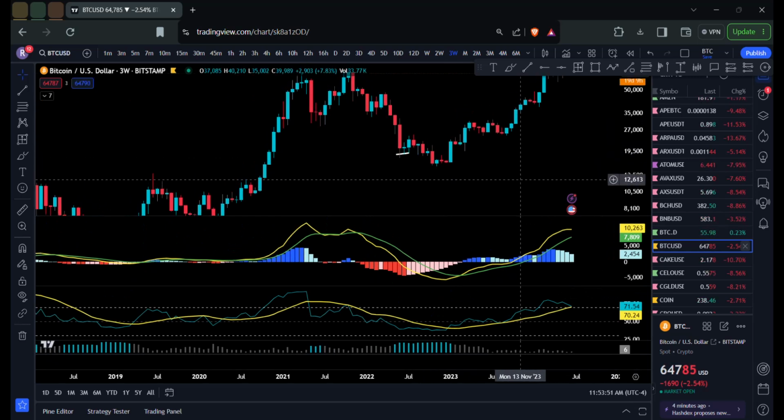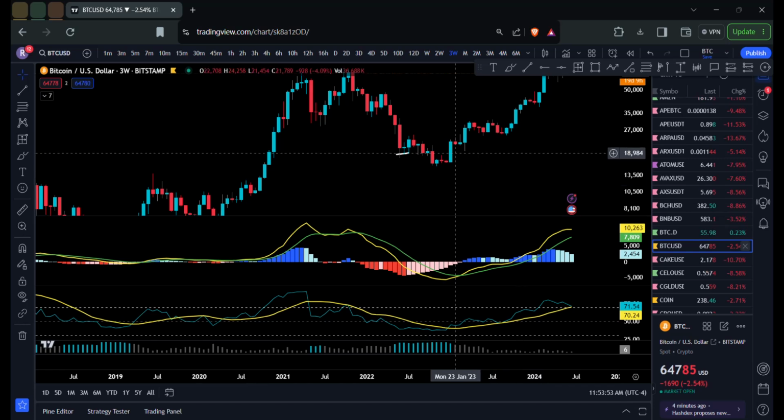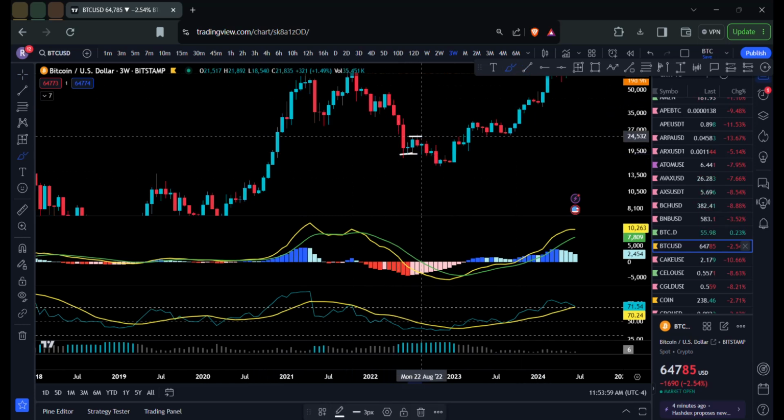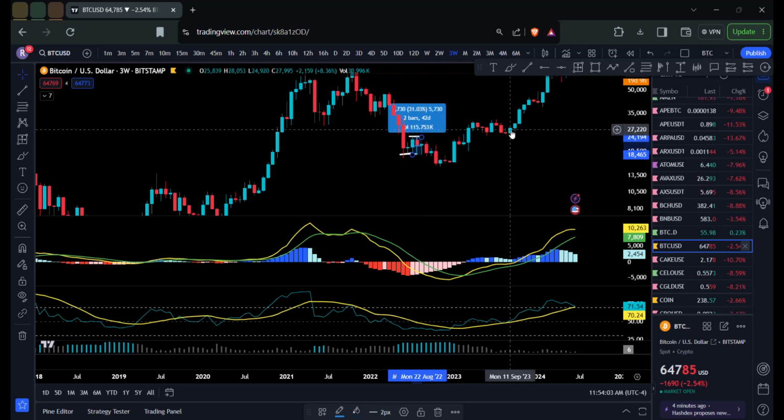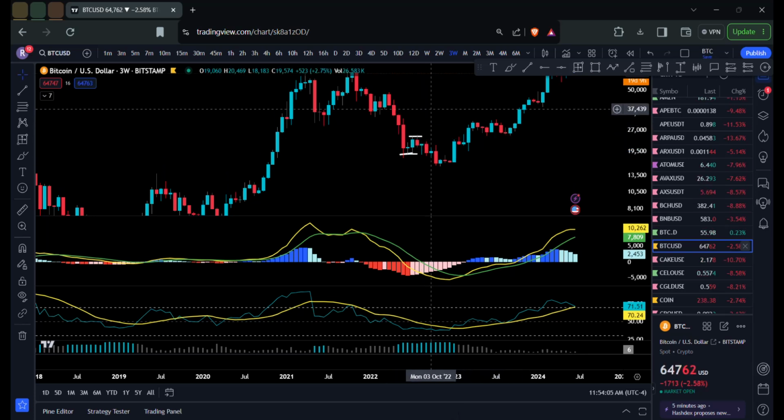So your shorter time frames, guess what? Got pinned again. That means you opened up another long from 18,000 to 24,000, right? You were up another 30%.